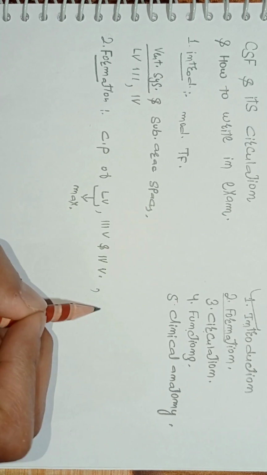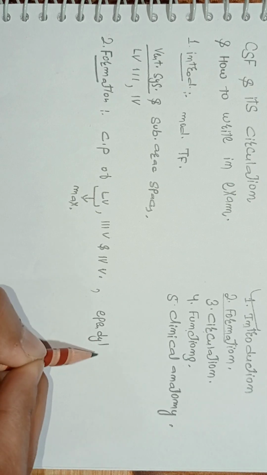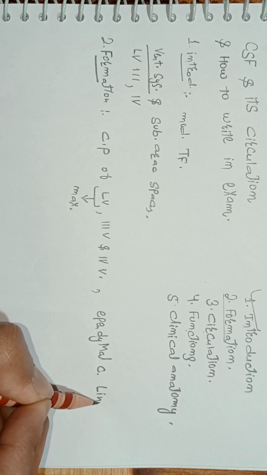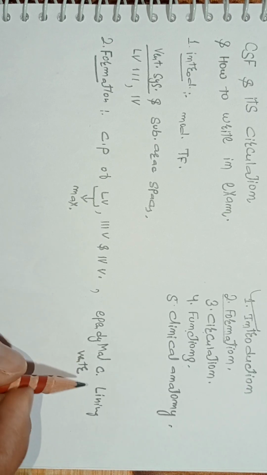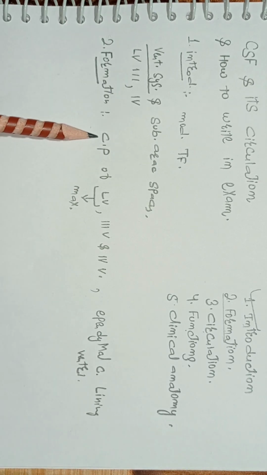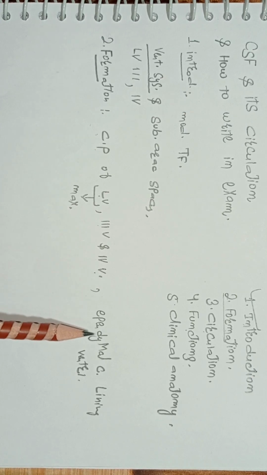It is also formed by ependymal cells which line the ventricles. So CSF formation: it is derived from the choroid plexus of the lateral, third, and fourth ventricles, and it is also produced minimally by ependymal cells which line the ventricles.